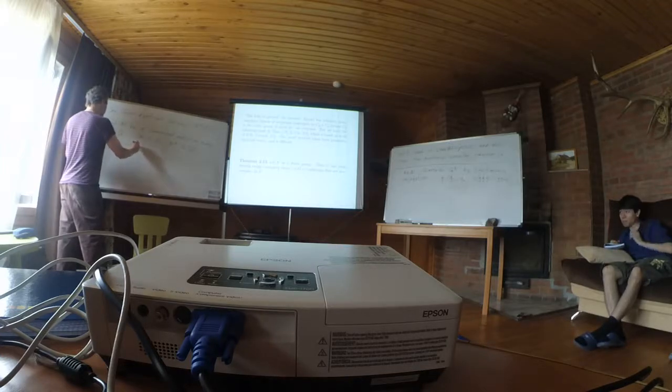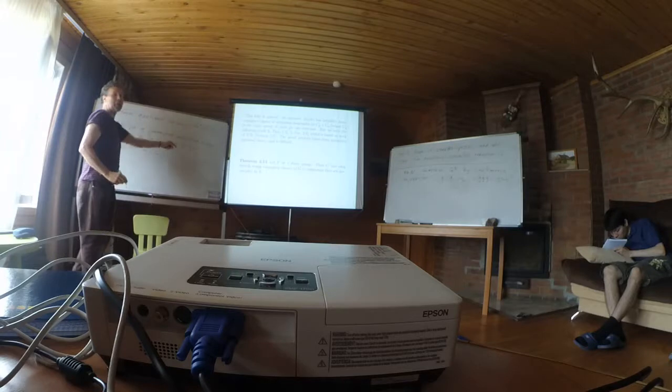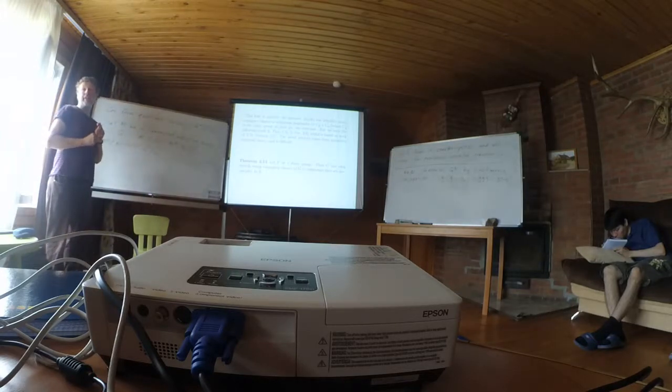And now what we get, induced by this inclusion, is a map of quotient varieties.